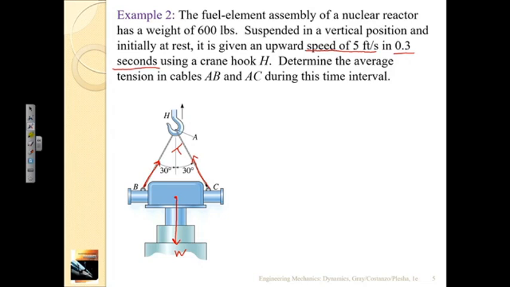For us, we're at rest. Our initial velocity is 0. Our impulse is the integral of the force with respect to time, right? We know that we're just looking for the average, though.